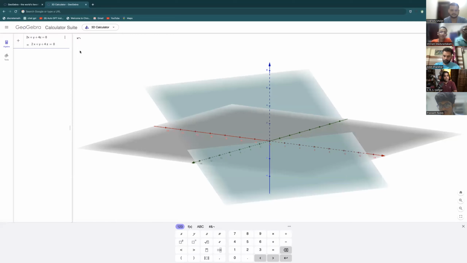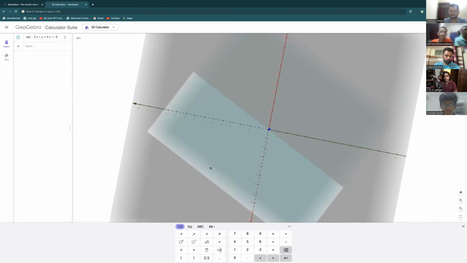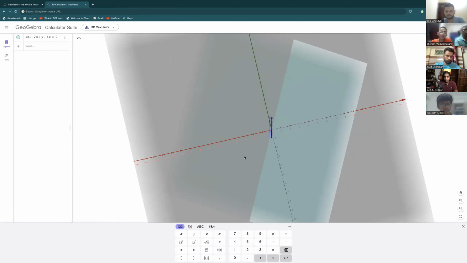Okay. 2x plus y plus 4z is equal to 0. Type this and play around with this.